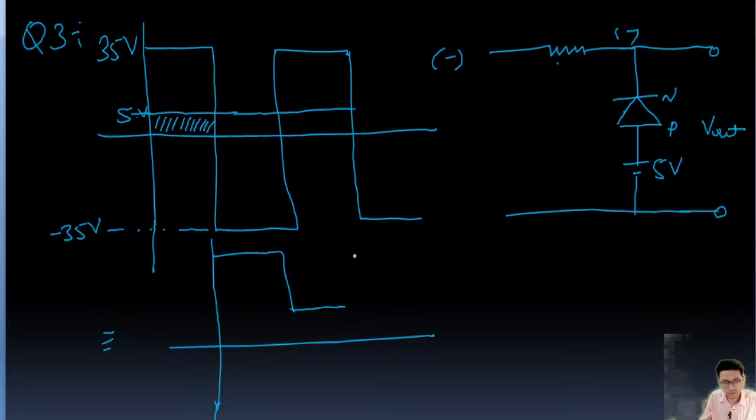So for this also it's 5 volts, so the graph is going to be like this. Okay, this will be the graph, the output. Because for the second half cycle, this will be 0, so this part is going to be 0.